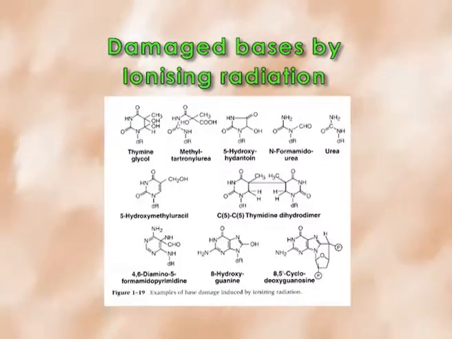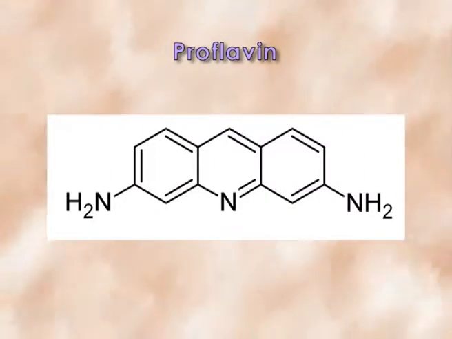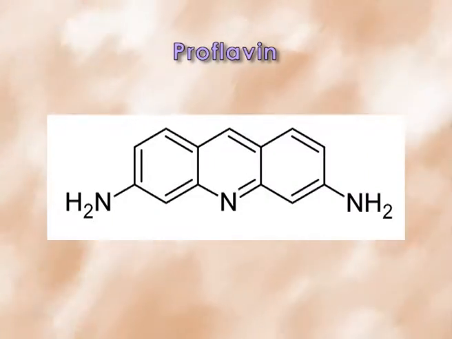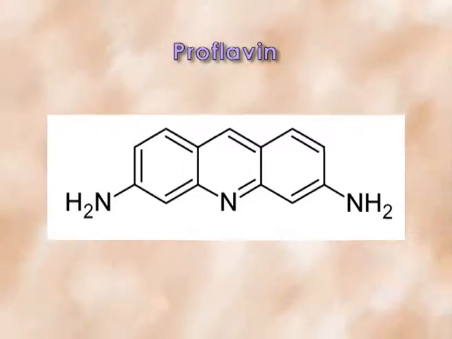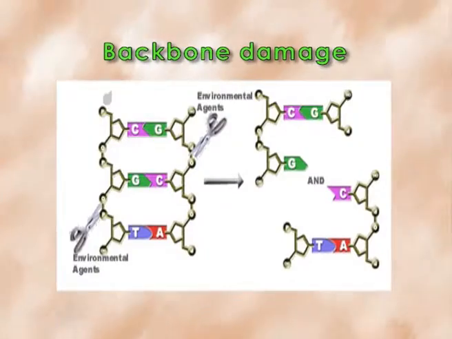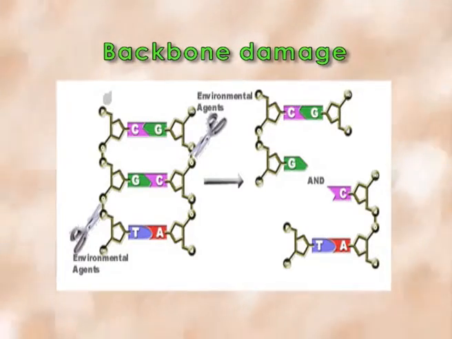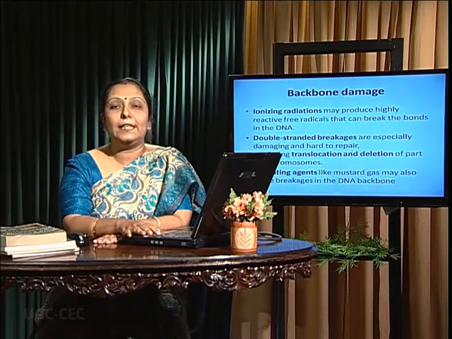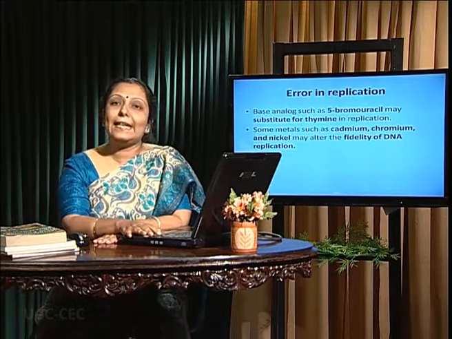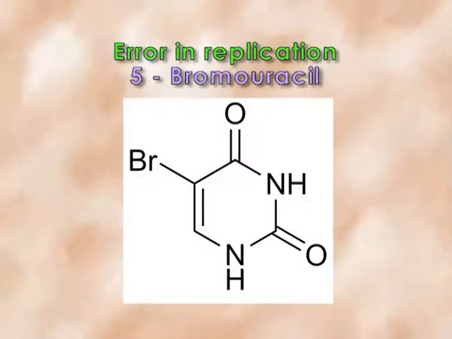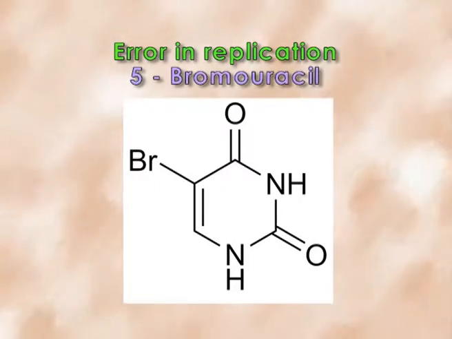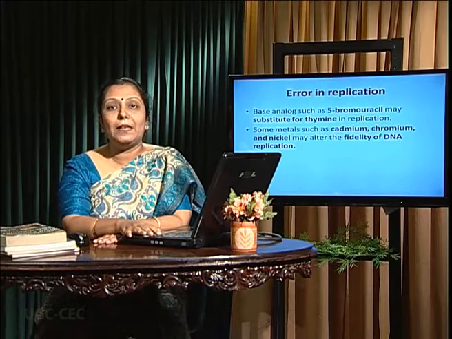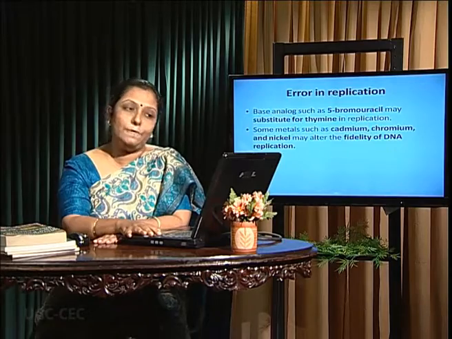The intercalation is done by proflavin, which gives the forward deletion, and reverse slippage gives the insertion. Next, backbone damage is caused by ionizing radiation and alkylation causing cross-linking, and double-stranded DNA break gives the translocation. Next, error in replication can be caused by 5-bromouracil replacing thymine, and we can find nickel and chromium reduce the replication fidelity.